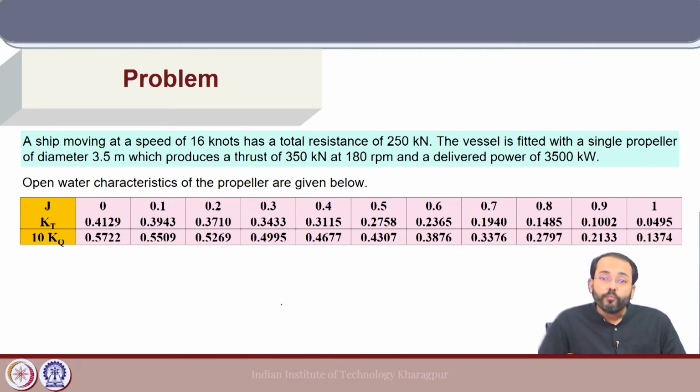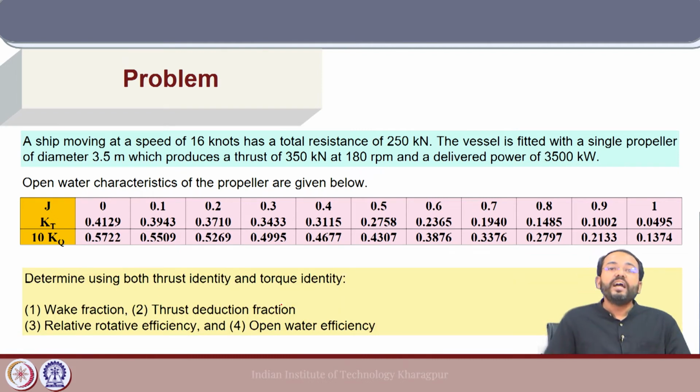Mostly, the first step will be to get the operating point, because that is where the propeller characteristics will be calculated from the open water diagram. Operating point means the advance ratio J at which we are operating the propeller when the ship is moving at that speed.